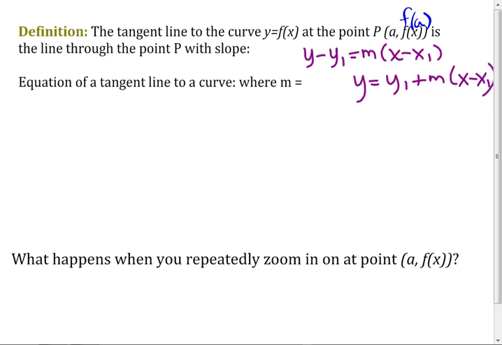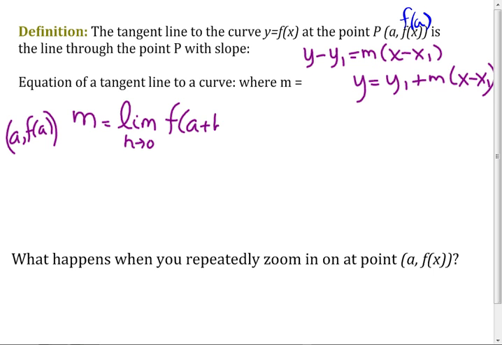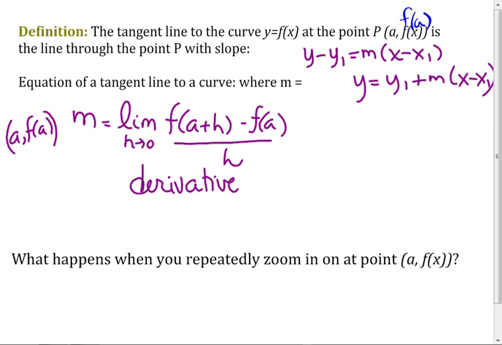Now, how do you find the slope at f of a? It's the limit as h goes to 0 of f of a plus h minus f of a, all over h. And another word for that is a derivative. Okay?